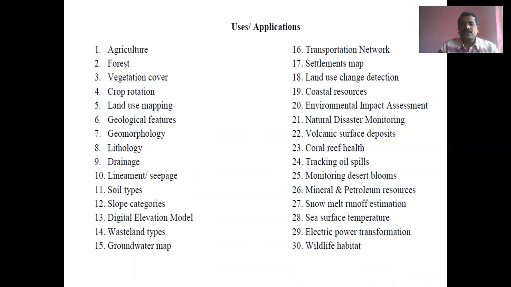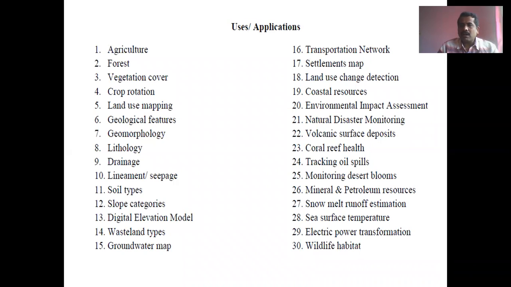Natural disaster monitoring, volcanic surface deposits, coral reef health, tracking of oil spills, monitoring desert blooms, minerals and petroleum resources, snow melt, runoff estimations, sea surface temperature can also be assessed with this, along with electric power transmission and wildlife habitat. So these are all the different applications.